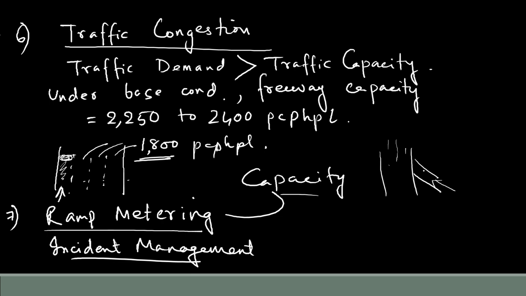So how many cars they should allow to merge into the freeway to meet the demand, basically based on the capacity, how many cars they should allow to flow into the freeway from the ramp. So one problem you can expect from ramp metering and capacity, they will merge these two concepts and make a problem. Okay, so please look into this also.